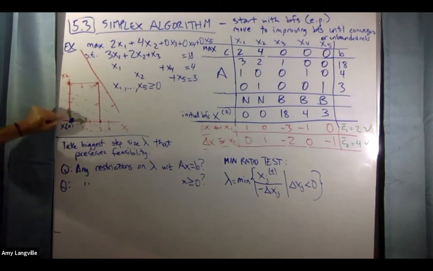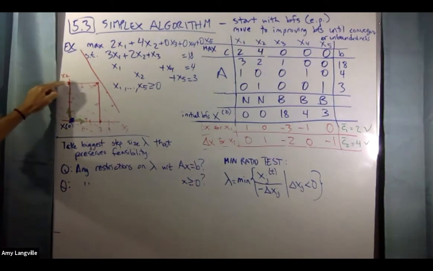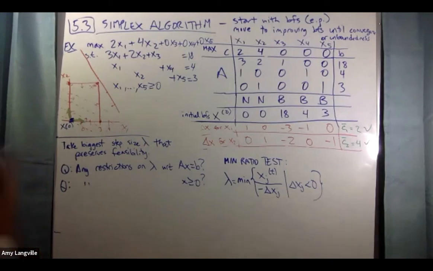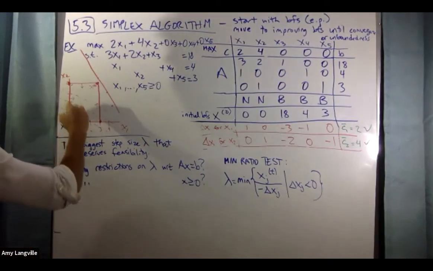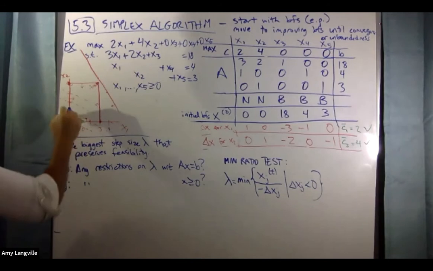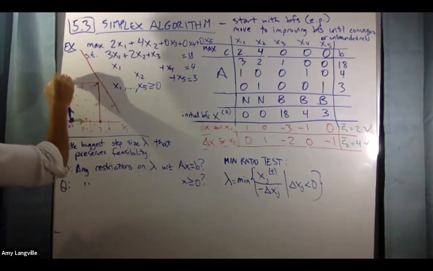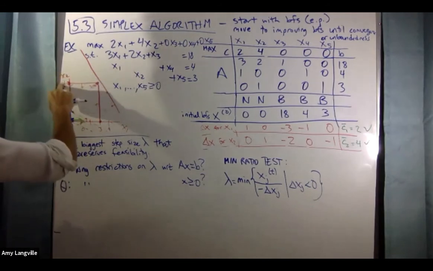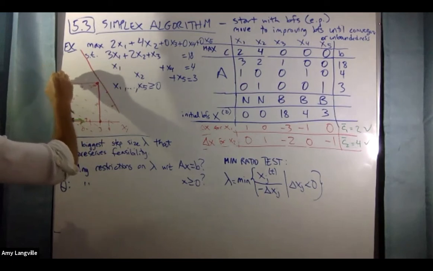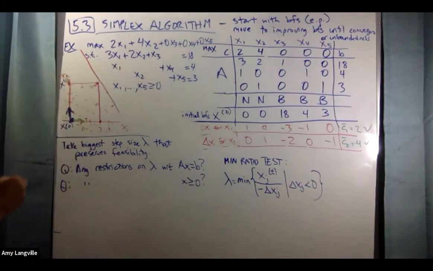We want to take the maximum lambda that we can that still makes us feasible, and that would get us to this point. If this is the direction we're going to choose, this is what we want to be our x1. Right there. And so we need to know what's the lambda that's going to do that for us.